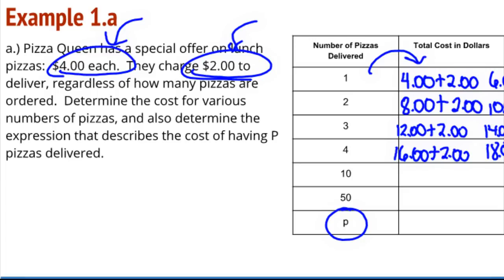And 10 pizzas will cost me $40, and the delivery fee stays $2 and will cost me $42. And then 50 pizzas, 50 times 4 gives me $200, must be a big party, and a $2 delivery charge, and $202.